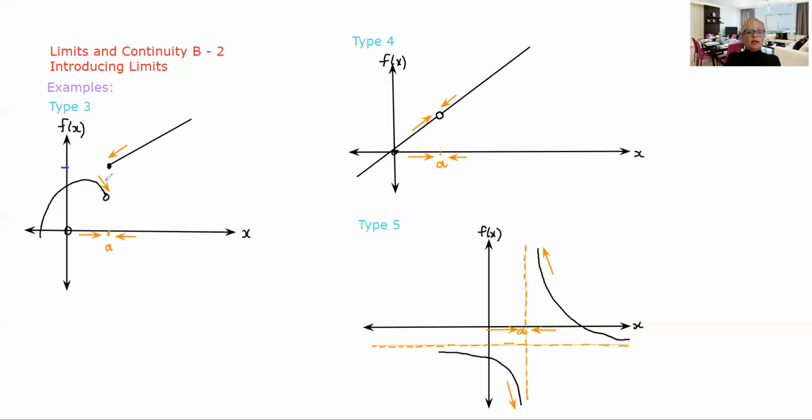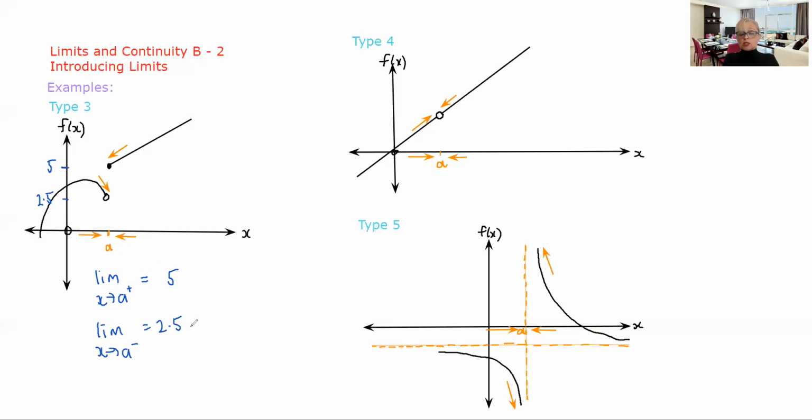Now, what we've got here is the limit as x tends towards a from above is going to be this rule. So we're going to get a certain value, say it might be 5. The limit as x tends towards a from below is down here. It's about, say, 2.5 or something.